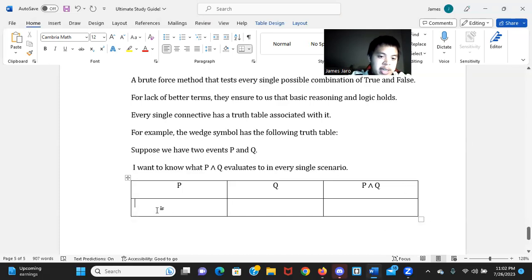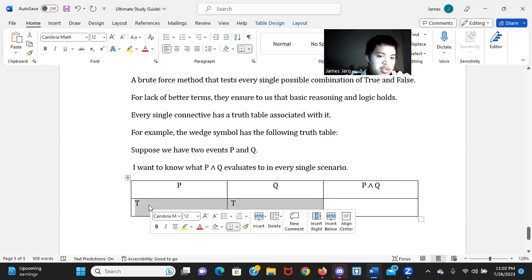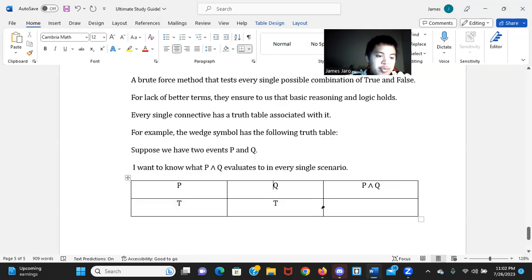So, for example, I could say that event P happens, so it's true. I could say that event Q happens, which is also true. So the idea is that if both events have happened, I know that event P and Q has to happen, because if both of them happen individually, then from a logical perspective, the event P and Q also has to happen.